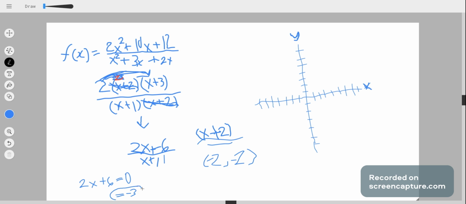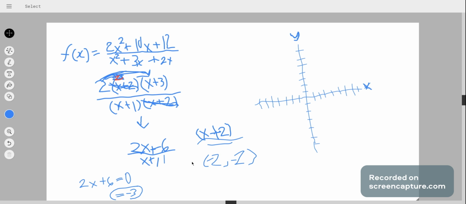And then moving on, let's move this up. We have to worry about putting this all on a graph next, okay? So now we need to find our vertical asymptote. You find this by setting x plus 1 equal to 0.